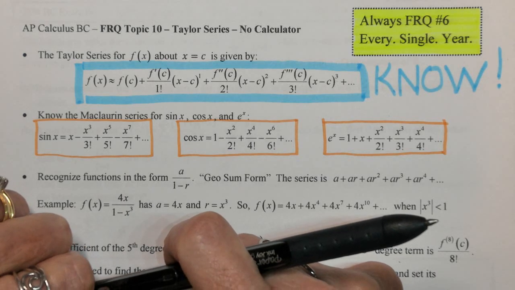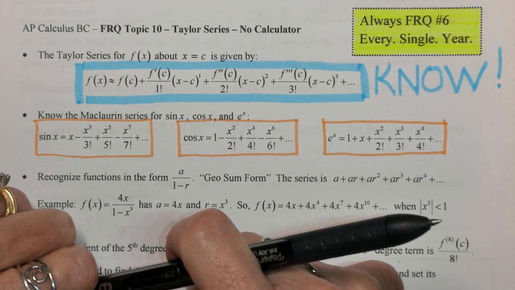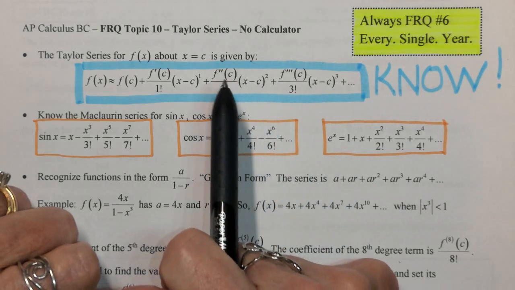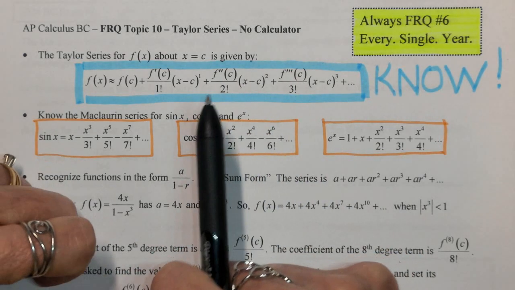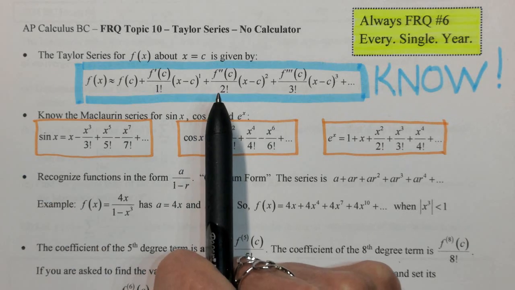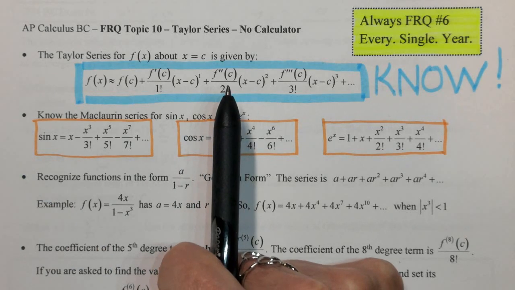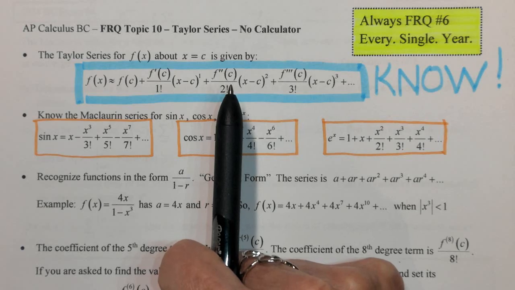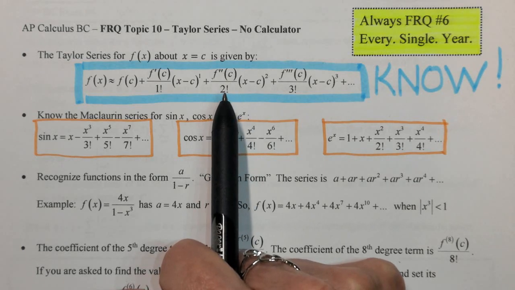And I just looked at them because they were making it easy for you. When C is 0, it's a little bit easier to manage. So anyway, Maclaurin is just a specific type of Taylor series when C is 0.